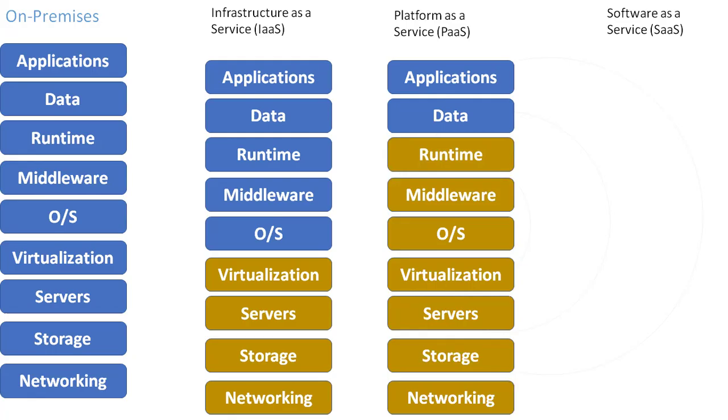In that case, everything is taken care of by a third party. You just need to place an order to eat a pizza. How to make it, the kitchen, whatever infrastructure is required, everything is taken care of by someone else. That is called software as a service. As a user, you are just using it.